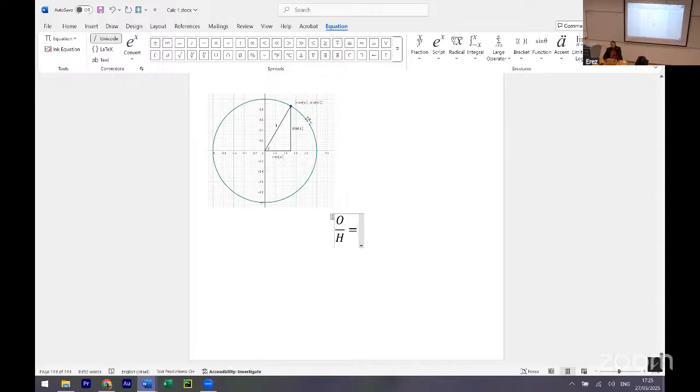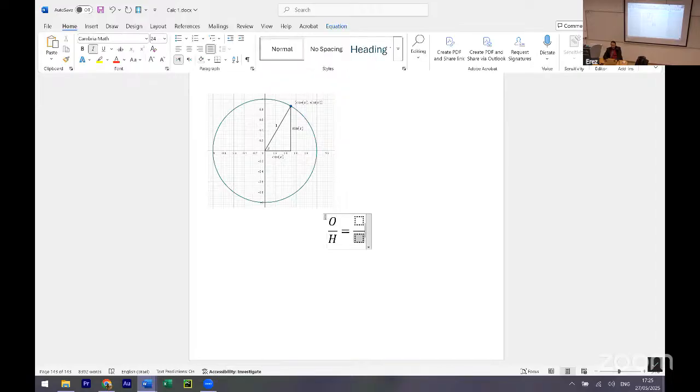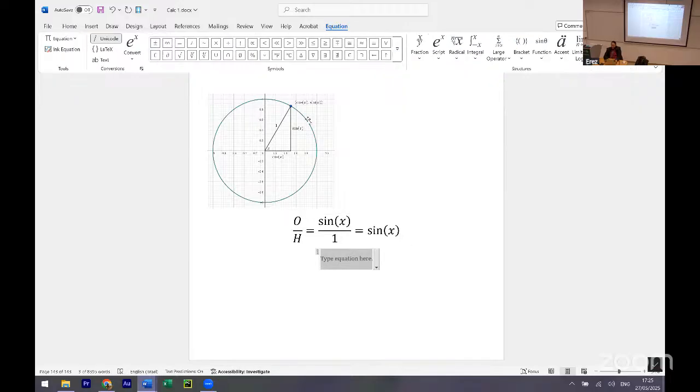Sine of x, that's the opposite over the hypotenuse, which is 1. So how much is sine of x over 1? Great, without the calculator even. But you're allowed a calculator, so it's fine.